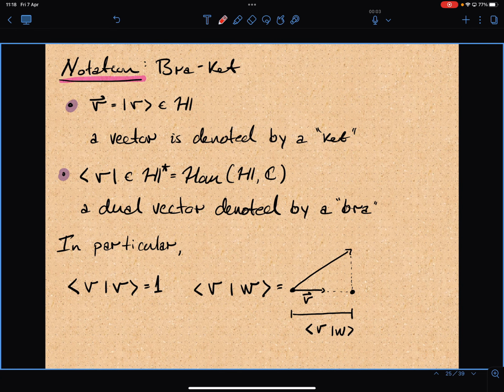So now let me take a moment to introduce bracket notation. This is notation that is most popular in the physics community.